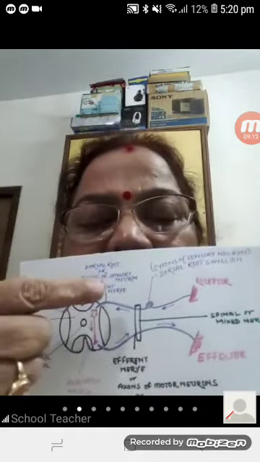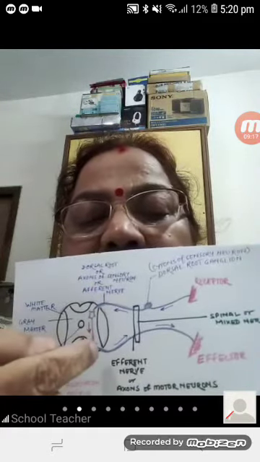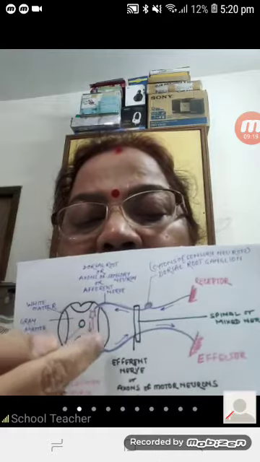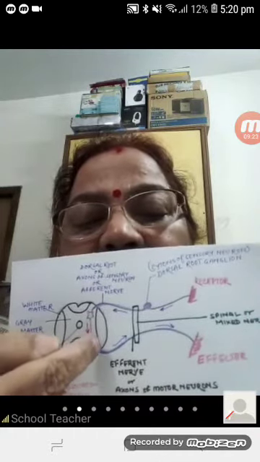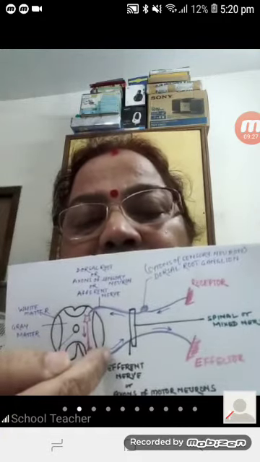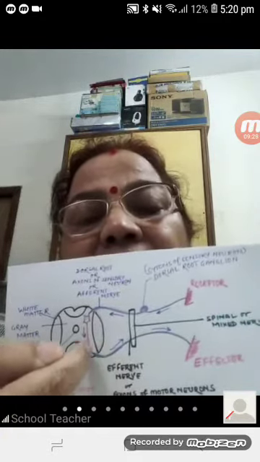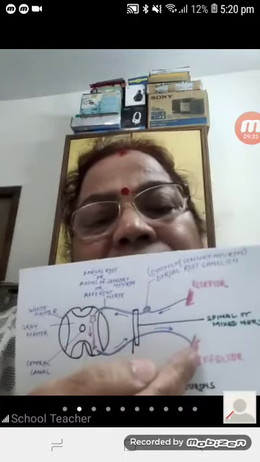If you remember, this is dorsal horn and this is ventral horn. So all the cytons are located in the ventral horn, while all the axons are grouped together to make a nerve, and now this motor nerve will end up at the effector.